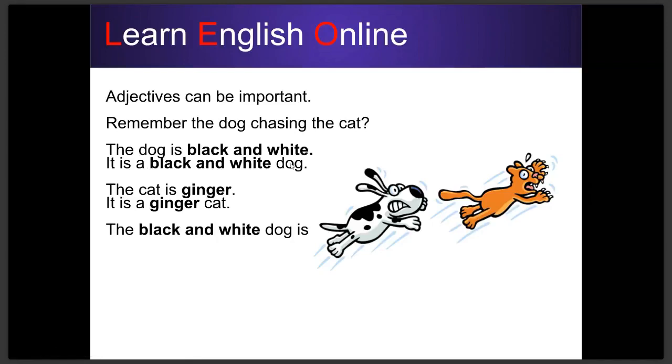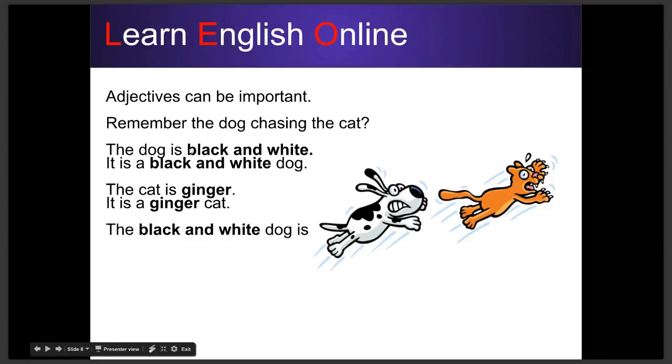Now, word order is important with adjectives, and sometimes we have a way of saying the adjectives when there's more than one. When it comes to colour, black and white is always black and white. We don't say white and black. It's a black and white dog. The dog is black and white.